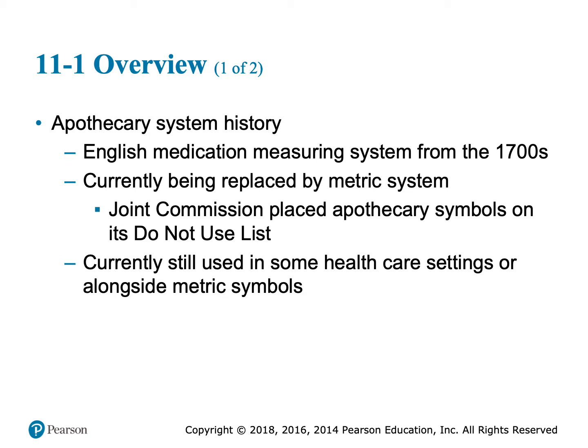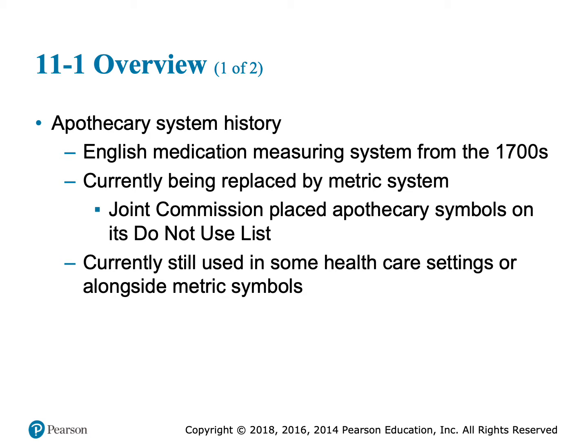Remember, I talked a little bit about the apothecary system a few units back when we introduced conversions. The apothecary system was the medication measuring system used in England in the 1700s. At one time, household units were used as a means of converting from the apothecary system.